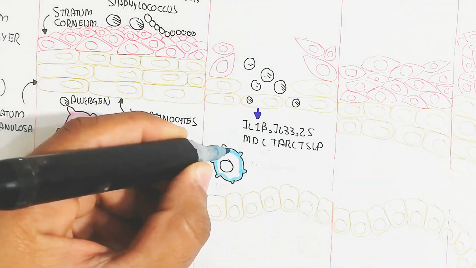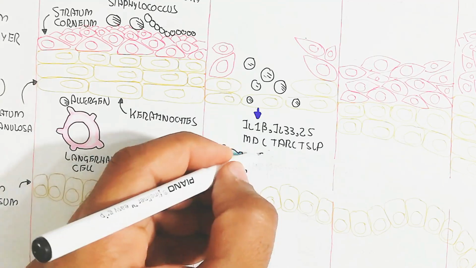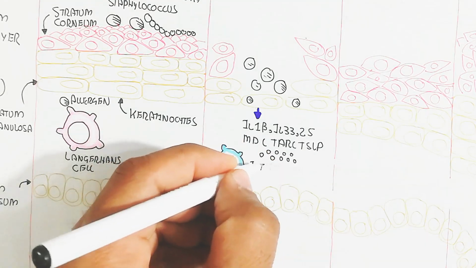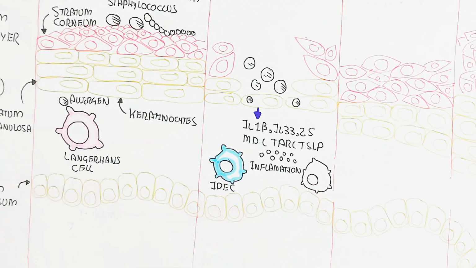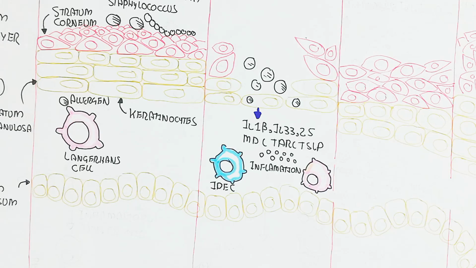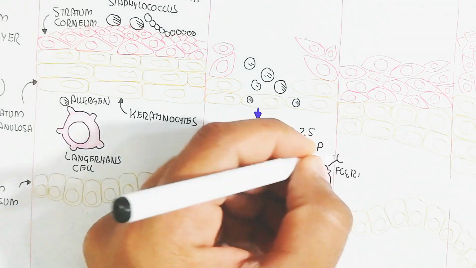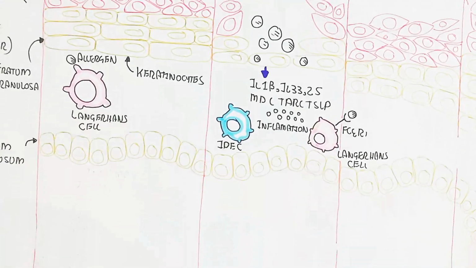This will cause inflammation and recruit other cells like human inflammatory dendritic epidermal cells. Another cell, the Langerhans cell, will identify this allergen through Fc epsilon receptor 1, and the dermal cell will also recognize this antigen, which will lead to recruitment of the interleukin C2 cell.